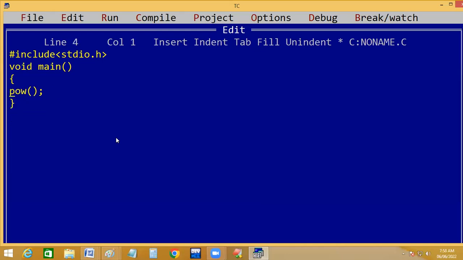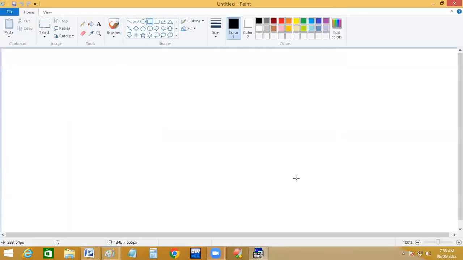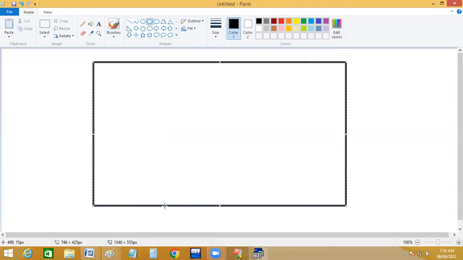I'm giving the practical for the monolithic and POP techniques. First, I want to explain my requirement. Just assume this is our monitor, and on this monitor I want to print the output like this. First, I want to create a horizontal line.